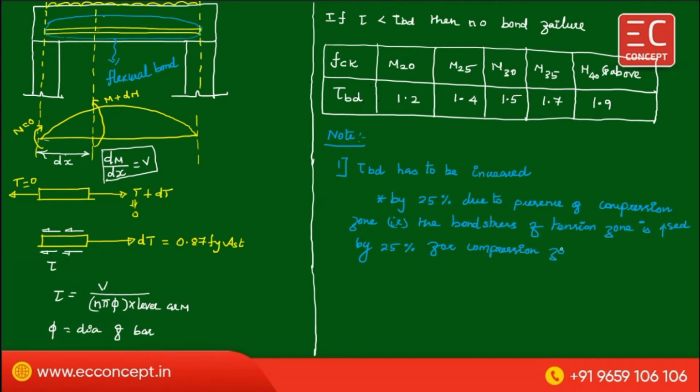That is a bond stress tau BD in the tension zone, not tension zone, in the compression zone. Yeah, bond stress of tension zone, that is correct. Bond stress of tension zone has to be increased 25% of compression zone. This is the first one.